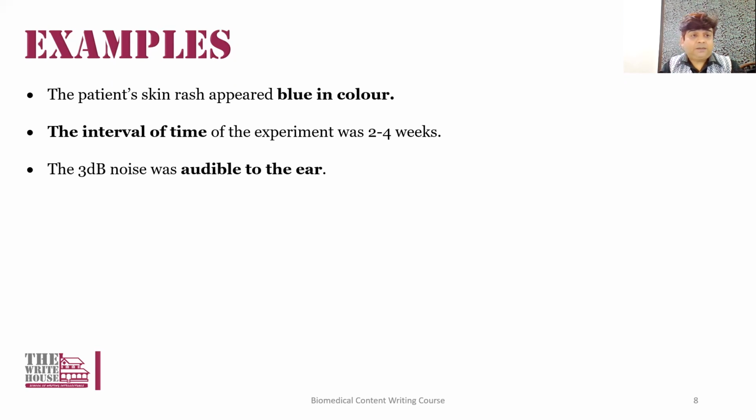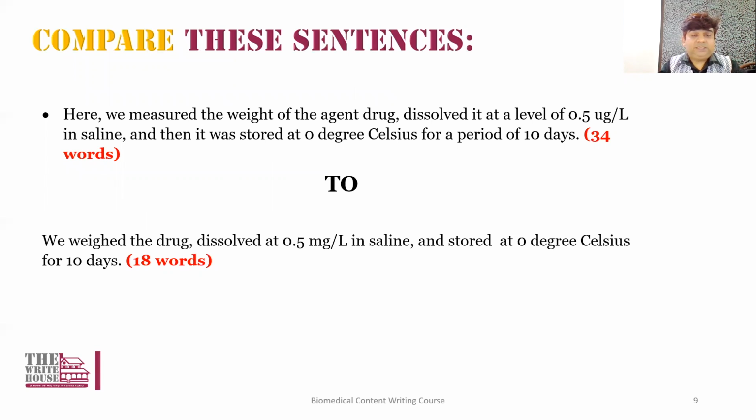Then comes next. Now see these 2 sentences. It's one more example just to show you how if you reduce just the words, it makes your writing better. Both the sentences have the same meaning.